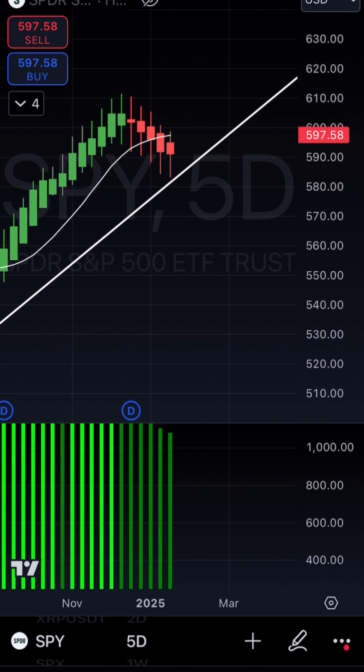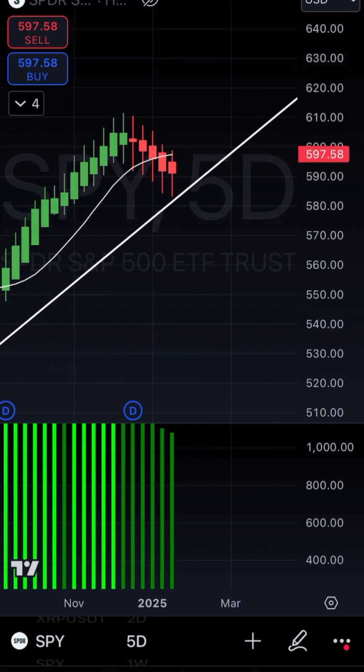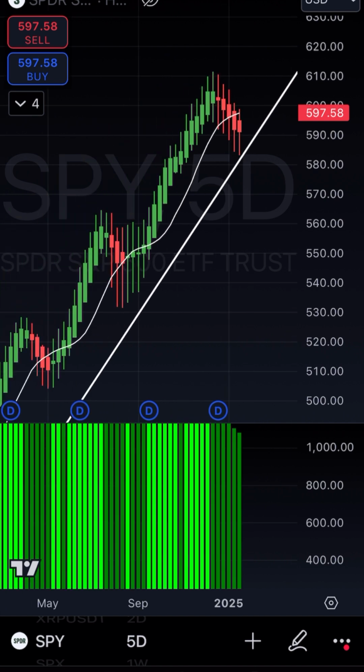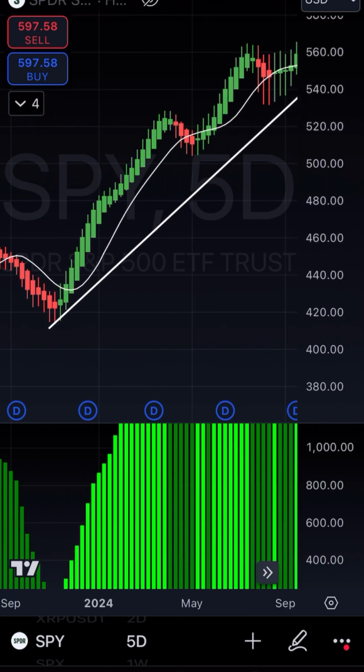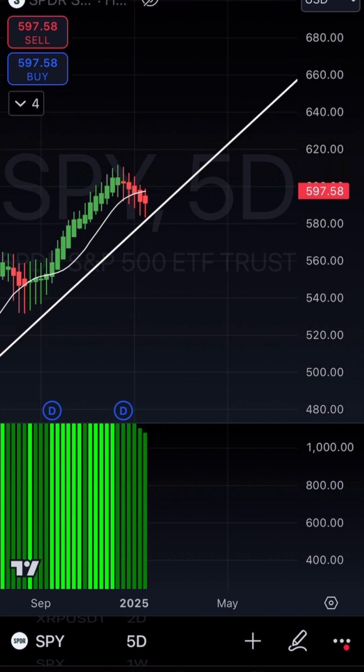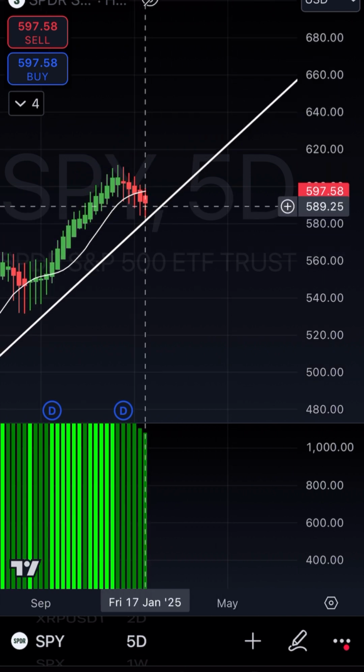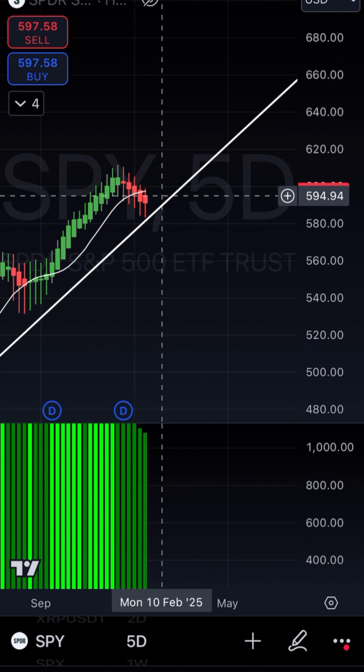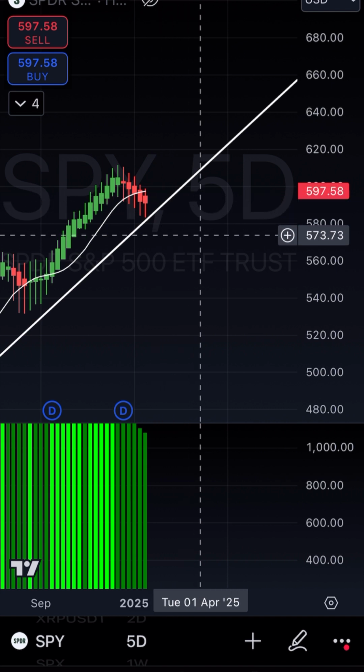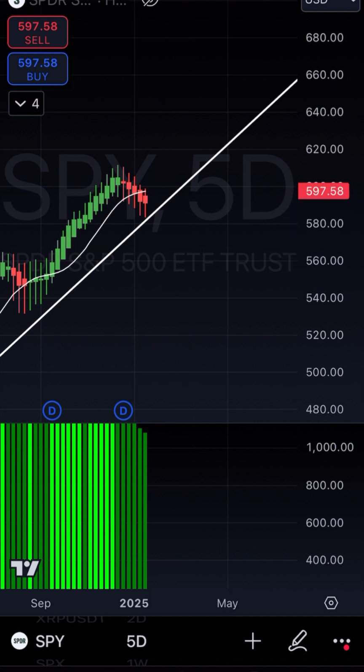So if you find this again, you'll end up making a lot of money, because you'll know when the trend is starting. And when the trend breaks and starts coming down, you'll know that there'll be a huge downtrend for SPY.